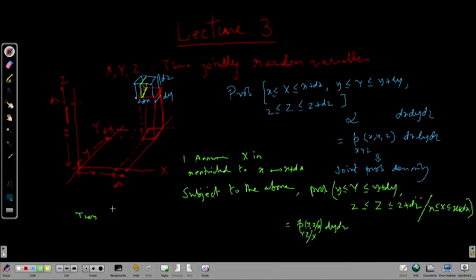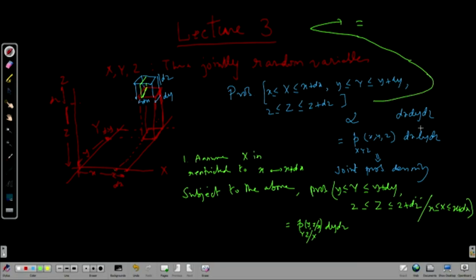Therefore, this is the same probability of the same thing I am writing. Instead of writing it there, I can as well erase this, no need to rewrite the same sentence. And this is equal to this quantity.